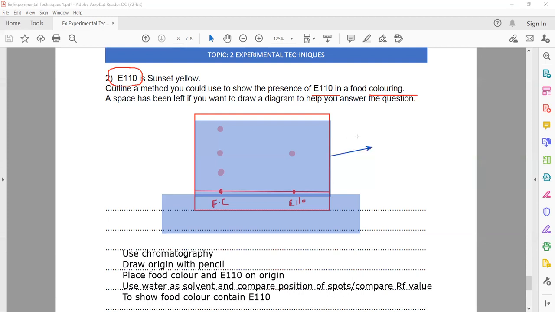So you should mention, like, this is a chromatogram, a solvent, origin or a baseline, solvent front, and the spots.